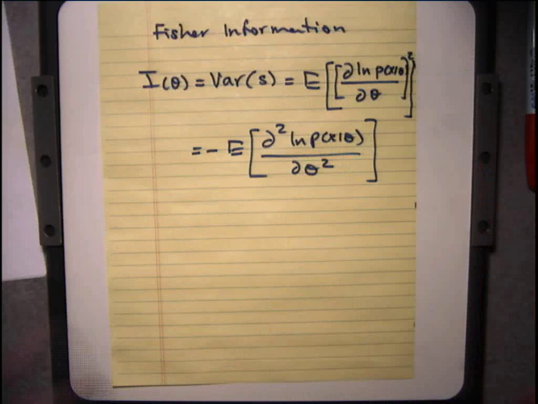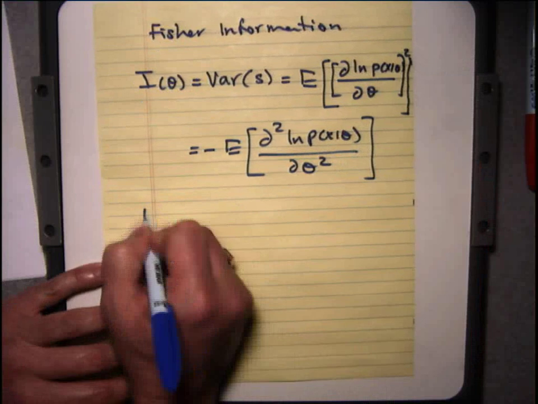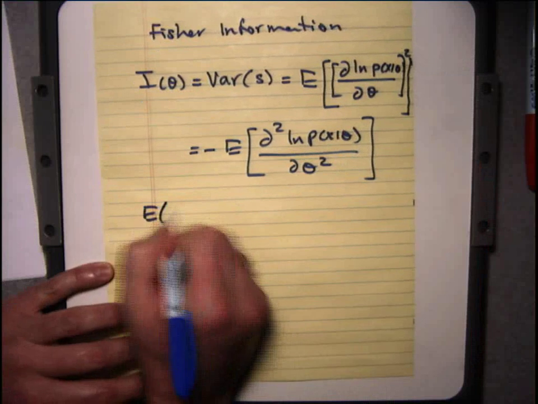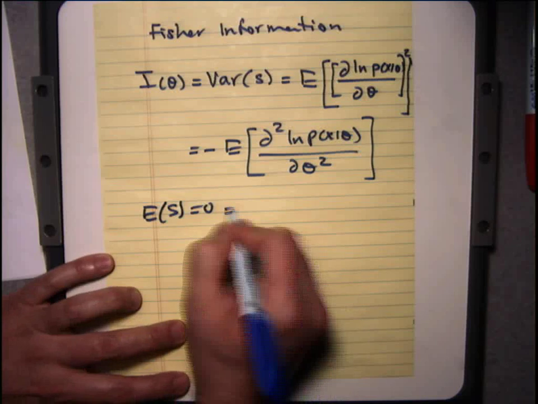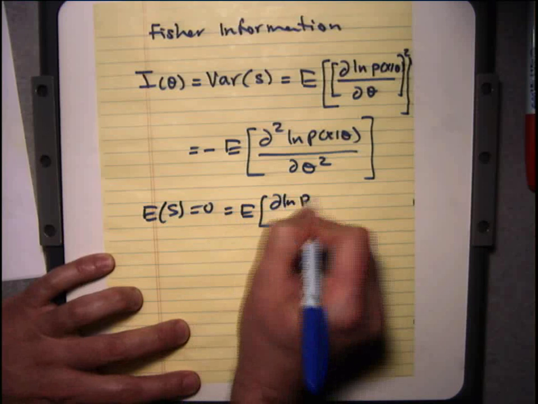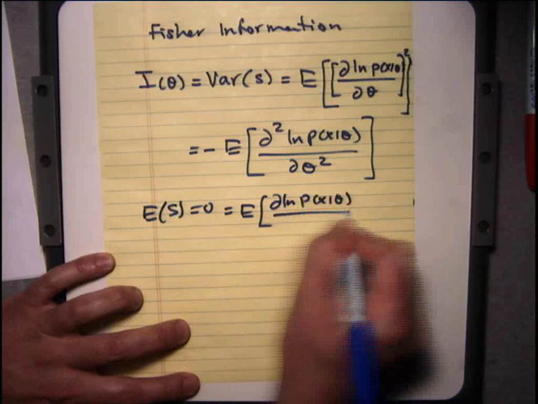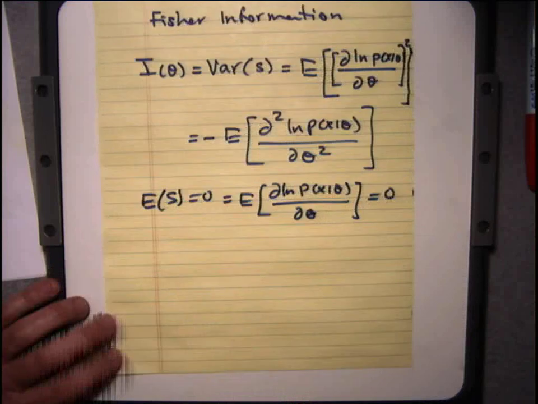It will take two minutes. You start with this expected value. We know the expected value of s is equal to 0, right? What does this say? The expected value of the derivative of the log of p of x given theta is equal to 0.